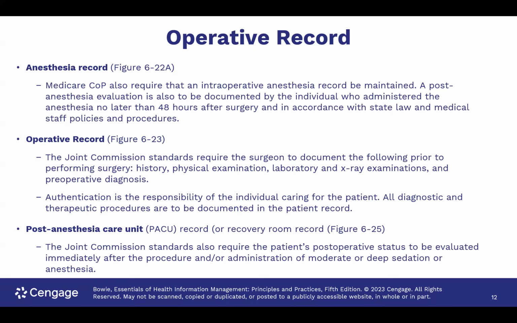And then they'll get into appendix removed, sent to pathology, closed, describe what they closed the surgical field with and what the blood loss was. And you can see an example of that in figure 6-23.